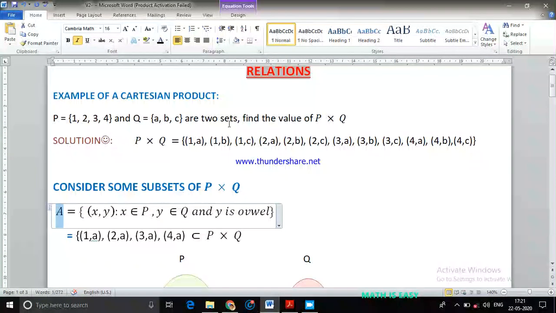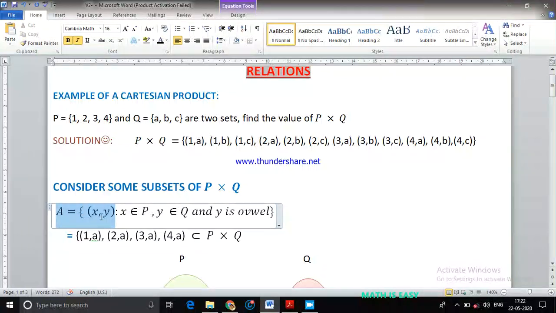I follow certain rules to consider the subset. You can take, for example, 1 comma A, 1 comma B, 1 comma C. That is also a subset of P cross Q. If I take 1 comma A and 3 comma C, that is also a subset of P cross Q. So A is also a subset of P cross Q.